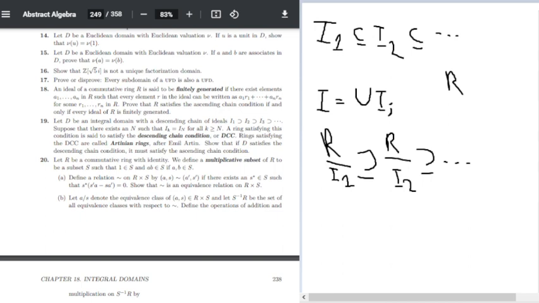So one way to say it is that there is a map phi from R over I1 to R over I2. Oh, I think that's how we get this structure. I think I'm starting to get it.